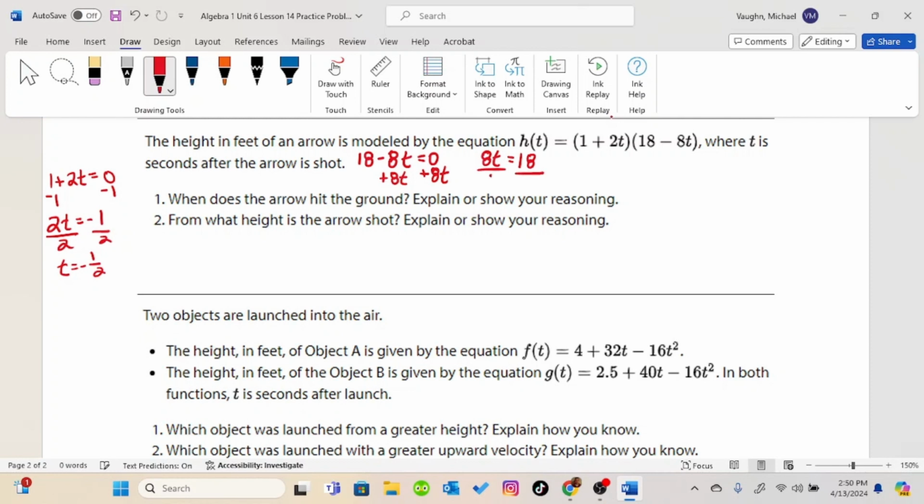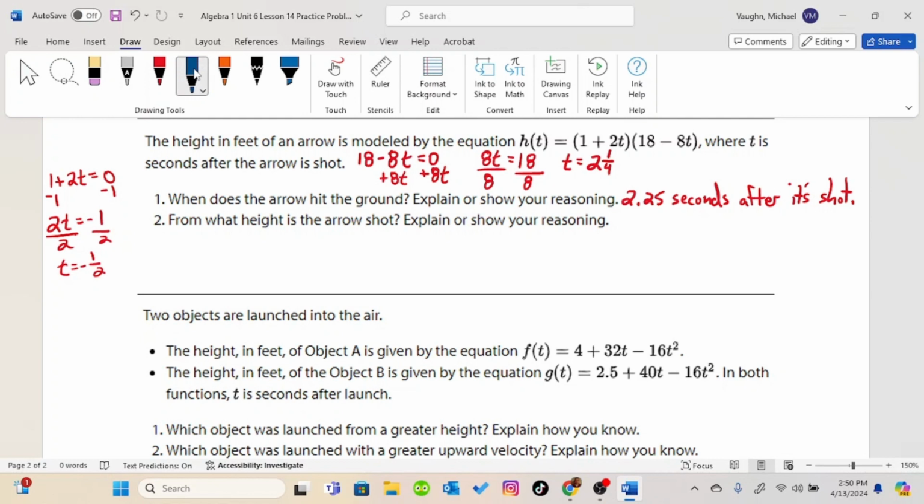We divide both sides by 8, and we get t equals 2 and 1/4. So the arrow hits the ground 2.25 seconds after it's shot.